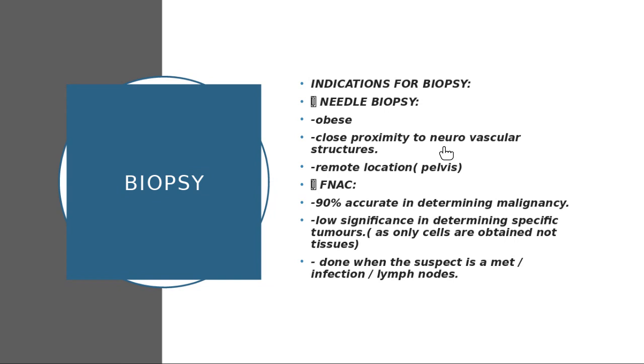But most of the time, though, just getting the abnormal cells and looking at those will give you a clear indication as to what type of tumor you're dealing with. So you find that needle biopsies, even though it might seem simple, the yield is pretty good. You can get over 80% accuracy, 90% accuracy actually, with just a fine needle aspiration cytology.